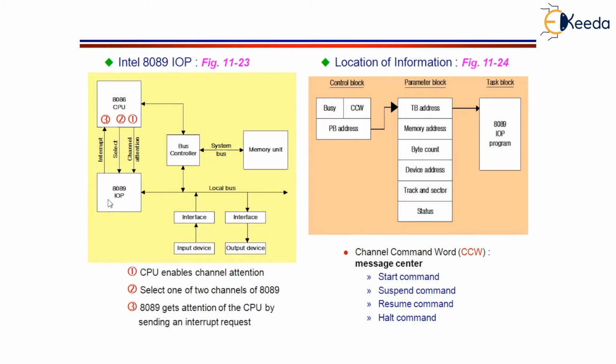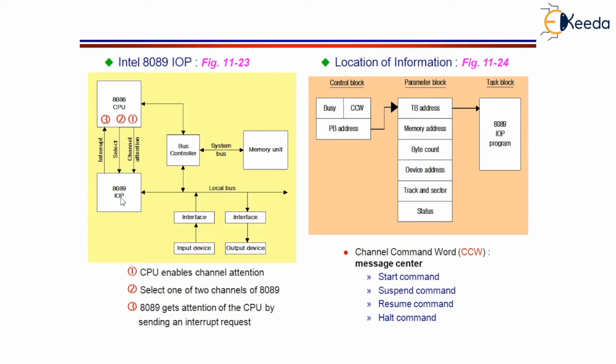Initially, the first thing that you need to understand is that the Intel 8089 is divided into two different parts. Let us say that there is a line exactly drawn in the middle, which separates 8089 into two parts. Each of the parts is called a channel.